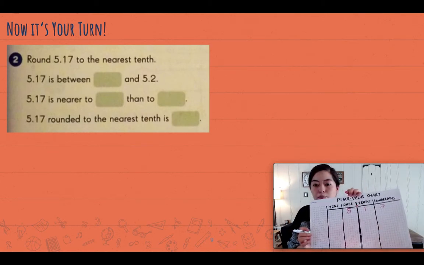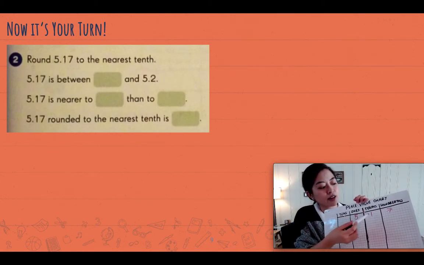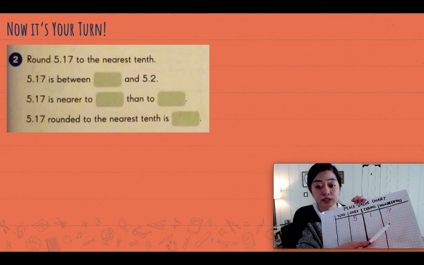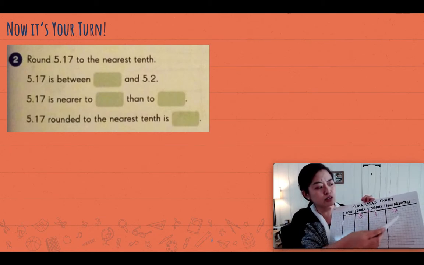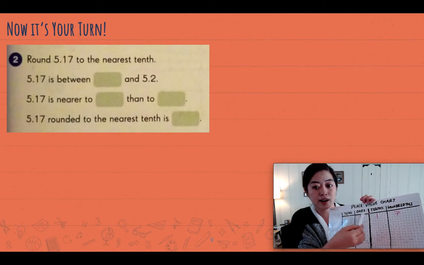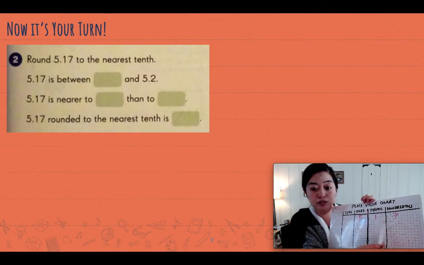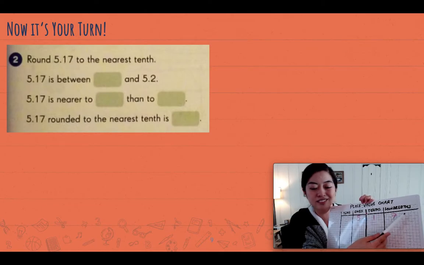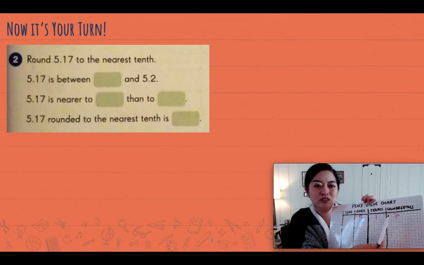So I'm writing it here, right? 5 and 17 hundredths. Now I'm going to focus on the hundredths here, not the whole number 5, but 17 hundredths. Now, I have to figure out what 17 hundredths is in between, right?